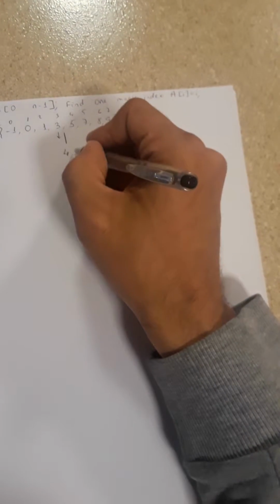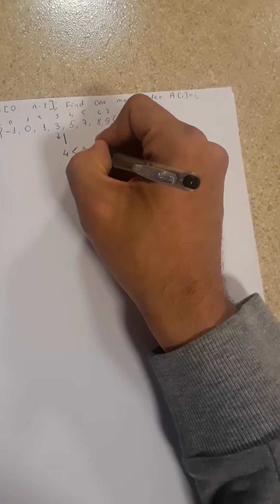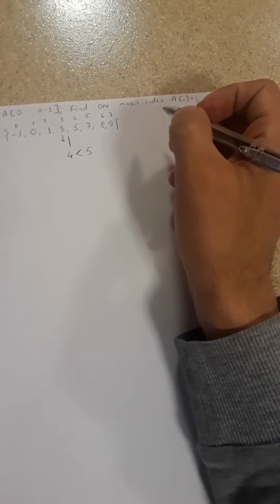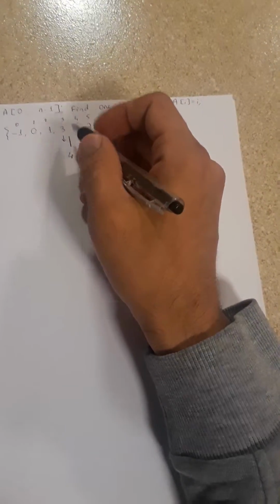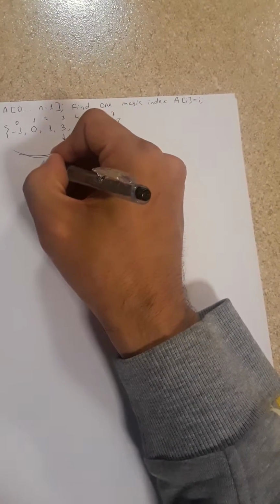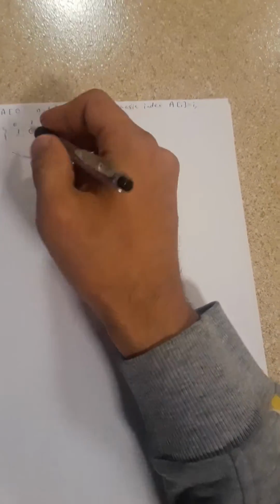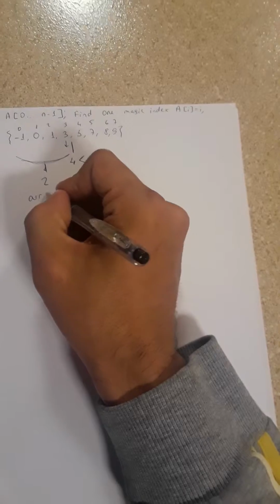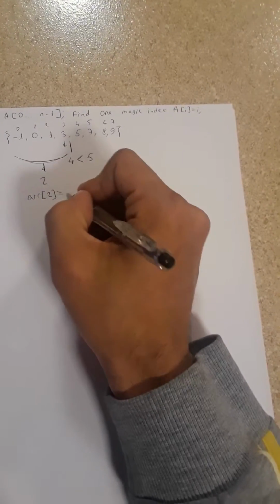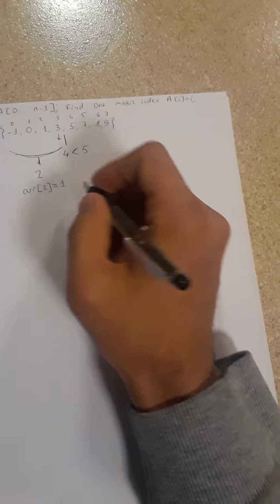Here we see that 4 is less than the element in the array itself, so we can say that the number we're looking for is in that half. Here we have 4 elements, we divide it by 2, and see if the element at the second index is equal to the index value.